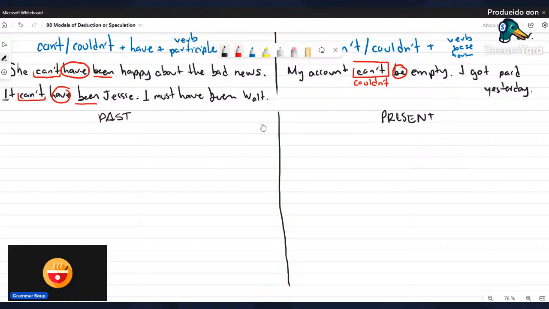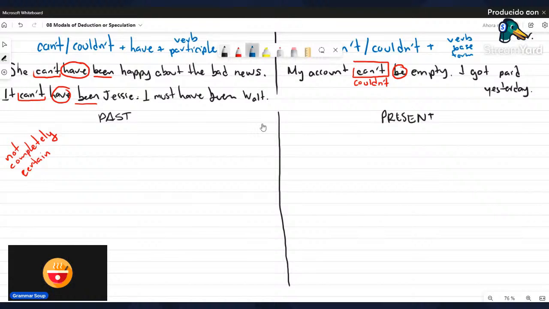All right. So now let's make speculations. Remember here, when you make speculations, you are not completely certain about what happened. That is a speculation, right? When you are not completely certain. We don't know if it's completely true. All right.